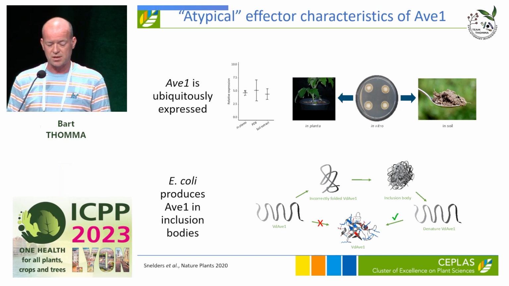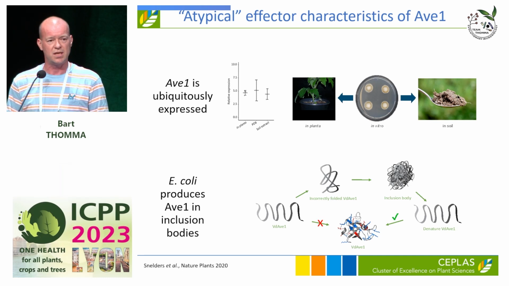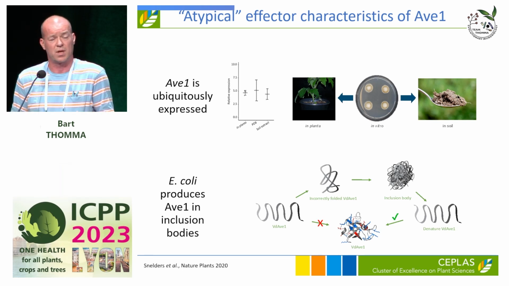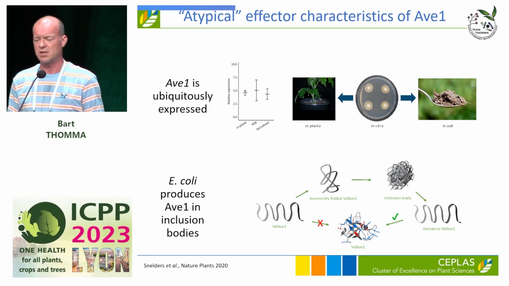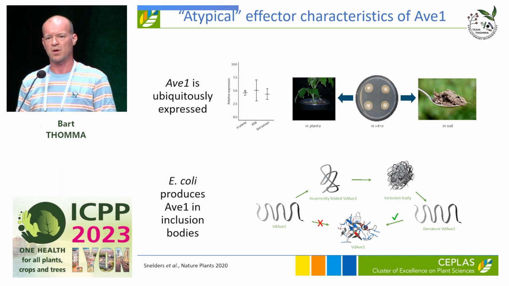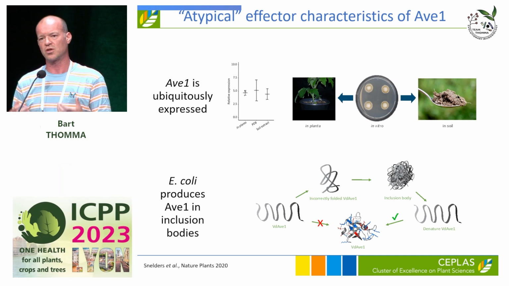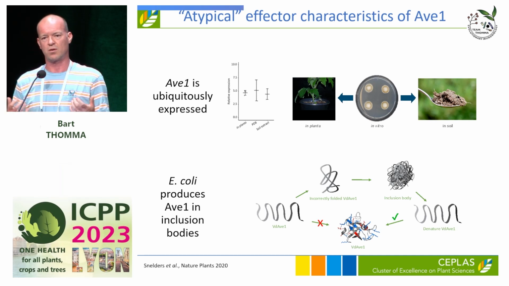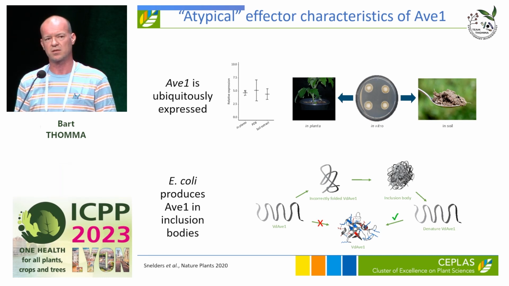We realized that Av1 in E. coli, and also in yeast, is misfolded and brought into inclusion bodies, which is where the protein is deposited. This is where we started to realize that maybe we were on the wrong track. We were thinking about functions in suppression of host immunity, but maybe we have to think about functions outside the host, for instance in the soil where Av1 is expressed.